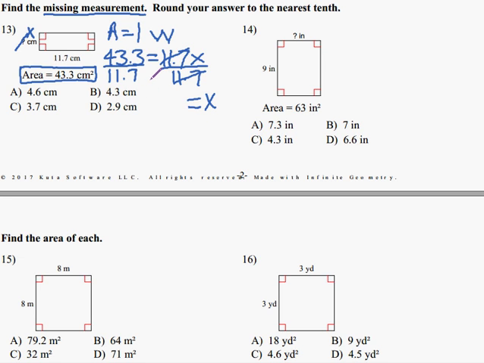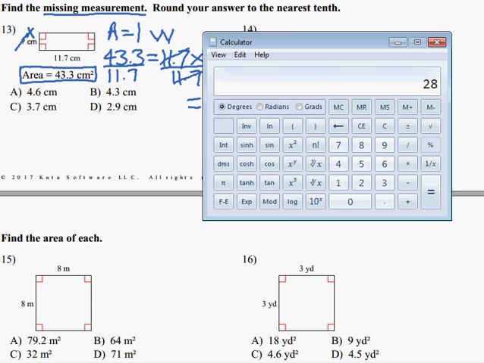I'll do that in my calculator. 43.3 divided by 11.7. 3.70.